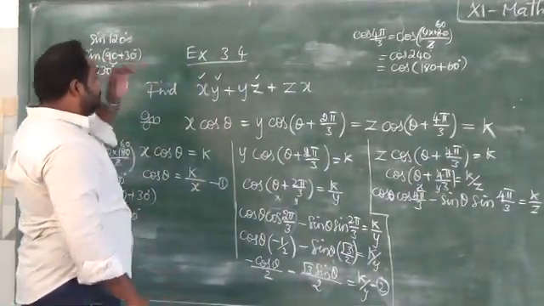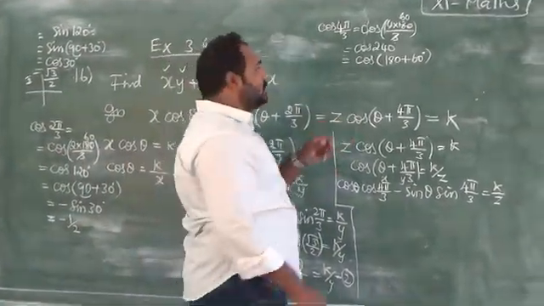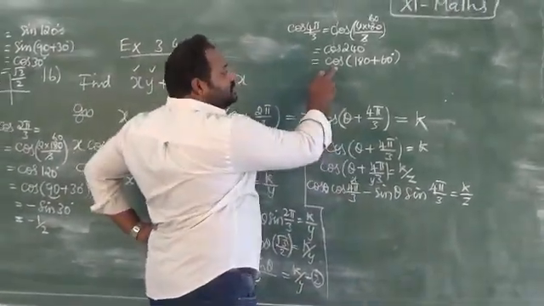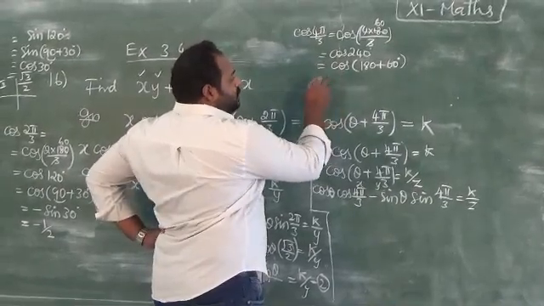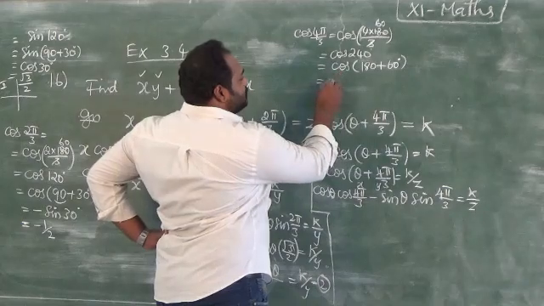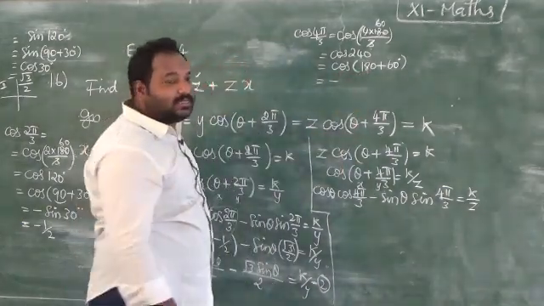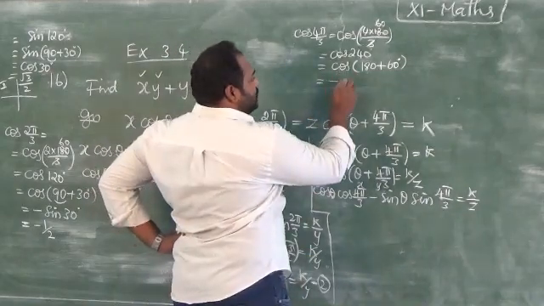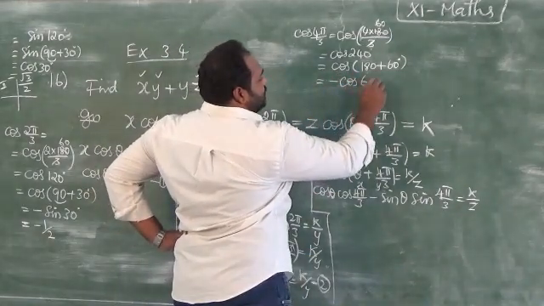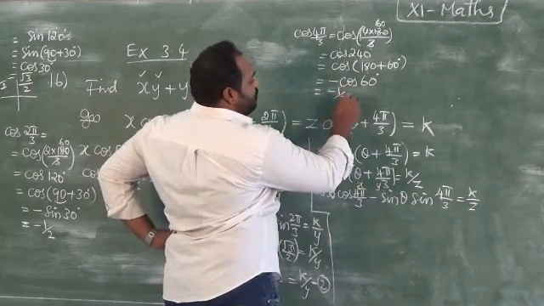First check the quadrant: 180 plus is third quadrant. In the third quadrant cos is negative, only tan and reciprocal are positive. So cos negative, so minus. Here 180 plus 60, there is no change in the co-ratio, so you write as it is cos 60. Cos 60 value is minus 1 by 2.